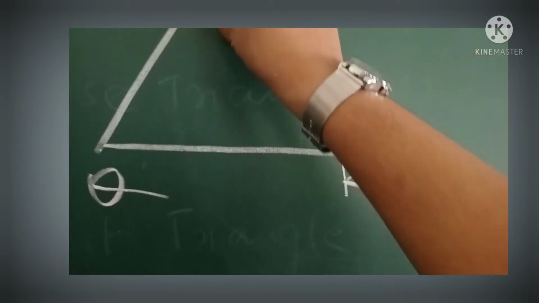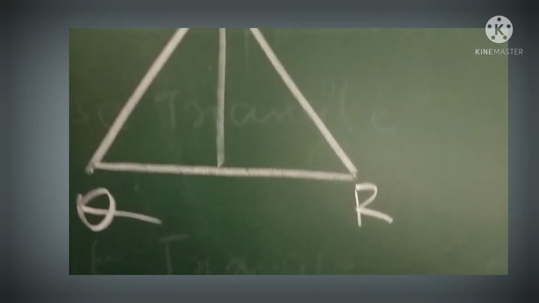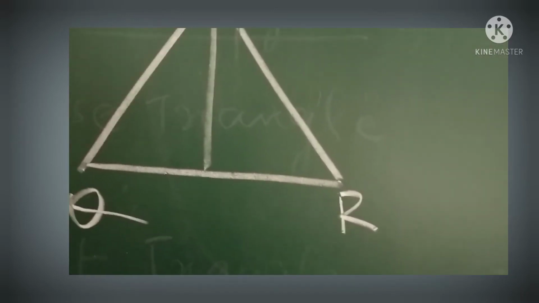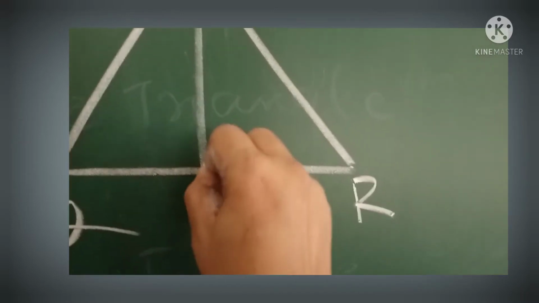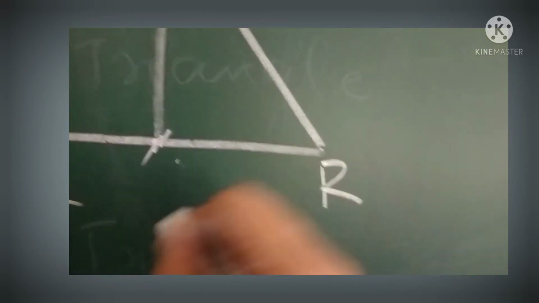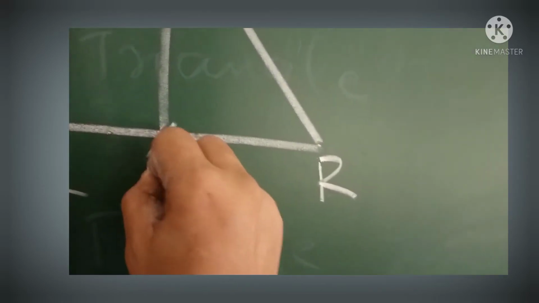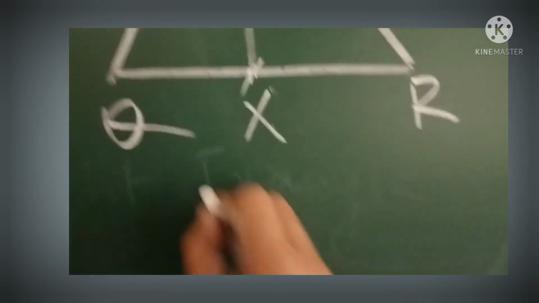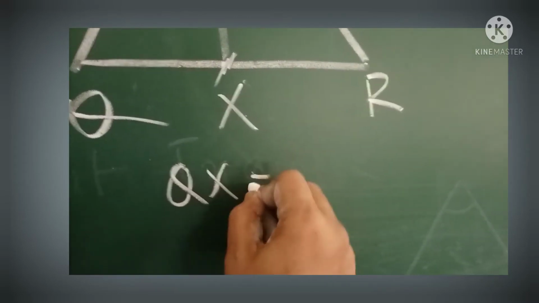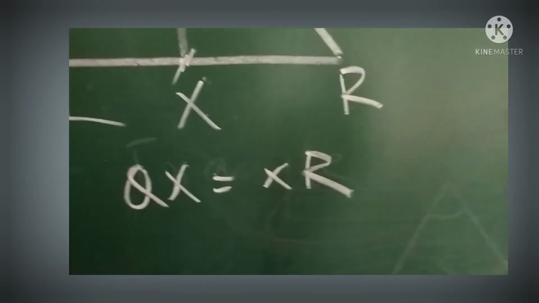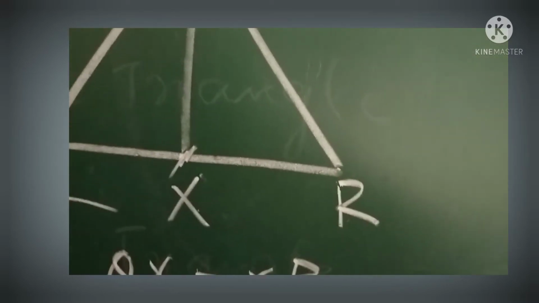Then draw a line segment from P to QR. That line segment intersects QR at a point X such that QX is equal to XR, or X is the midpoint of QR.